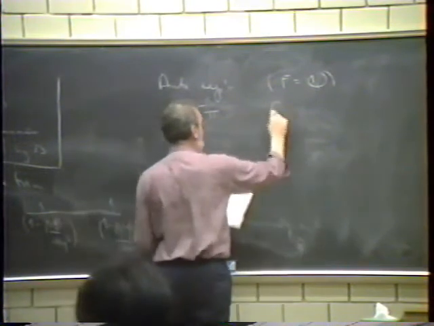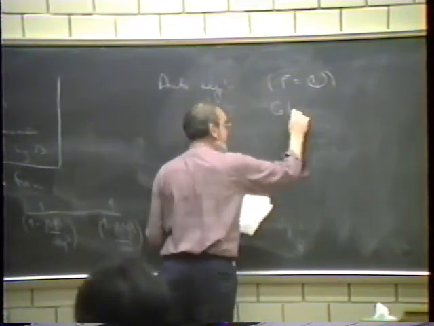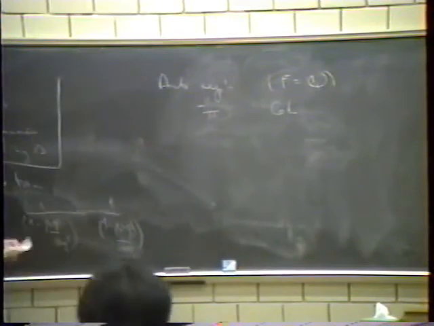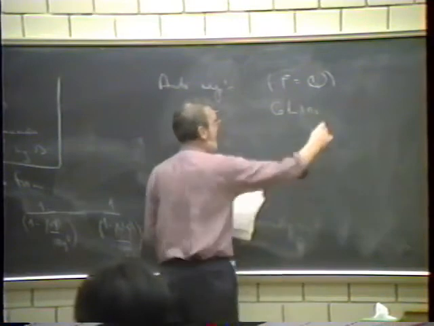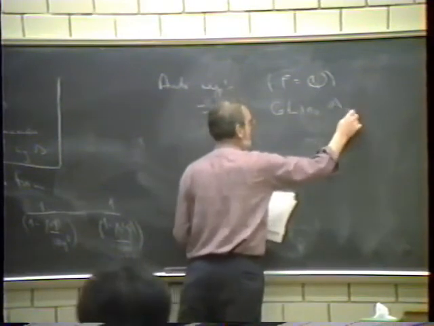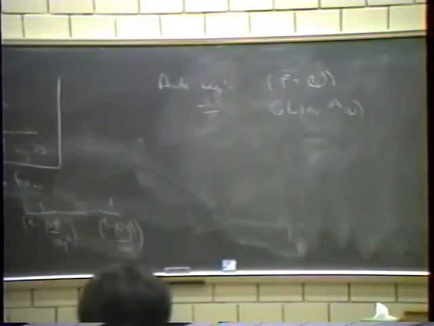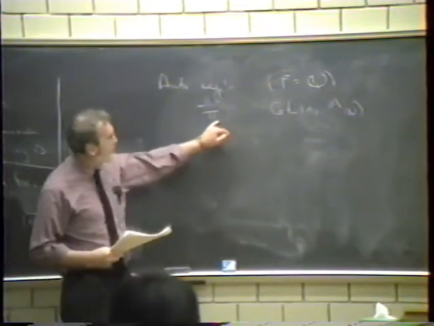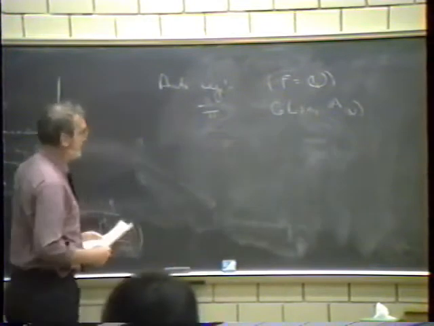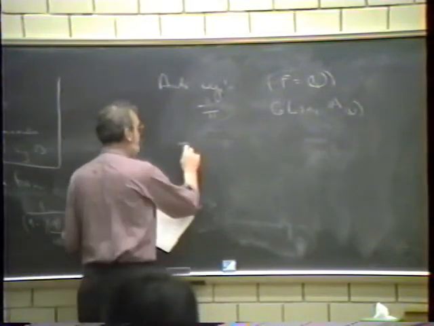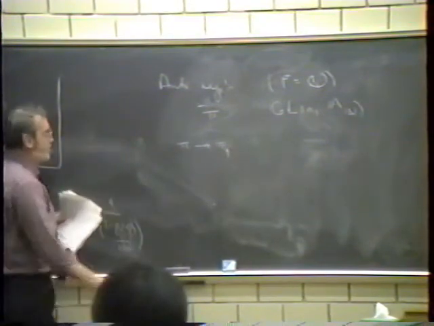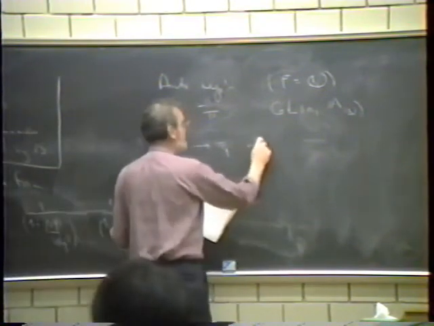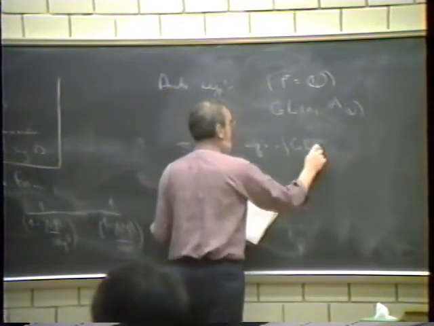It's really a representation of GLn, and I have to put the adeles of Q, but let's not worry for the moment what the adeles of Q are. All I want to stress now is that this pi is related to some representation of GLn, and in particular associated to this pi is, for every prime p, a representation pi p, a representation of GLn of Qp.